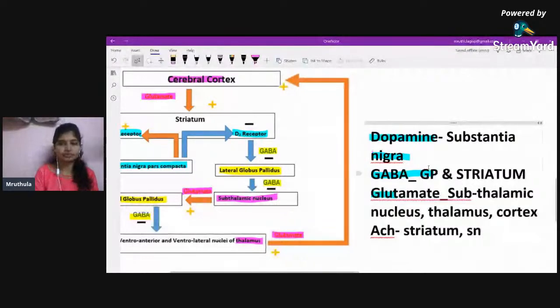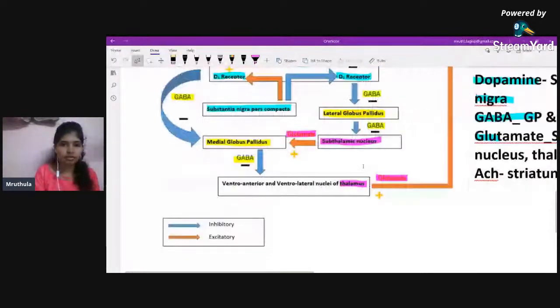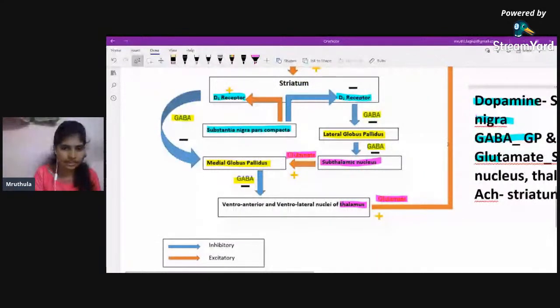Okay, right. So now every one of us has an idea about which are the neurotransmitters and from where they are released. Okay, there's another small thing to remember here. These orange color lines are showing the excitatory impulses, and the blue color ones are showing the inhibitory impulses.